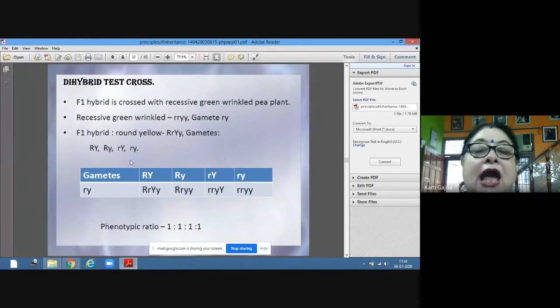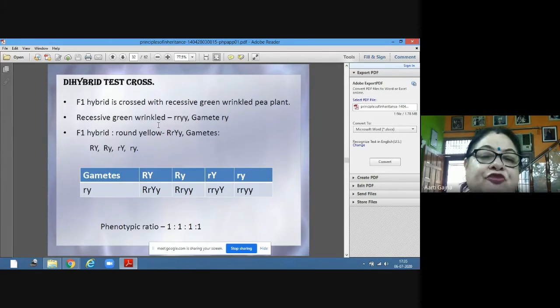Clear? And the other trait that is taken in this example is yellow and green. Yellow colored seeds are dominant over green colored seeds. So yellow is capital Y and green is small y. So what would be the parents' genotype?